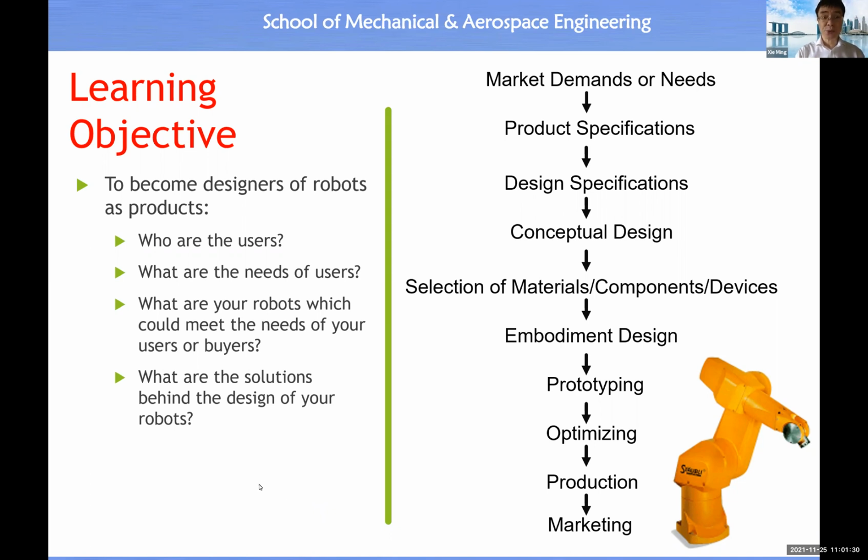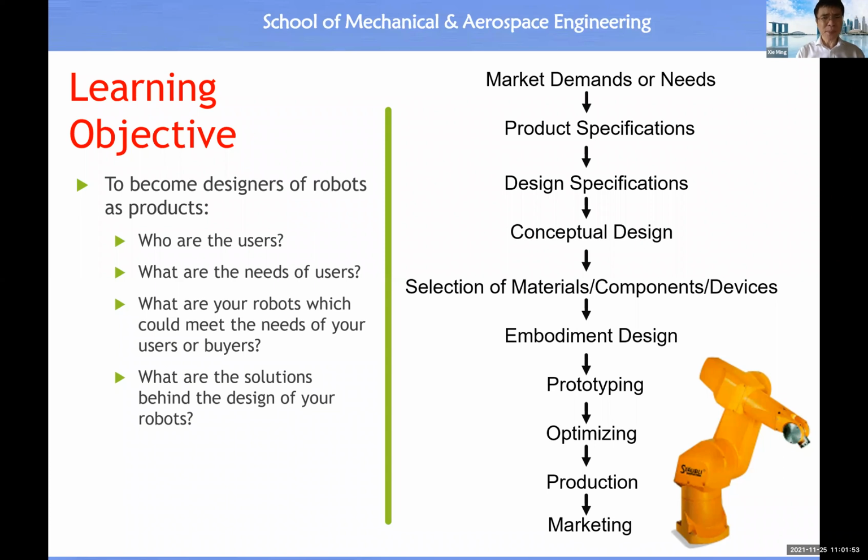All right, so you should know what your robot will be, which could meet the generalized need of the potential users in manufacturing and in society, and you must study the solution behind the design of your future robot.